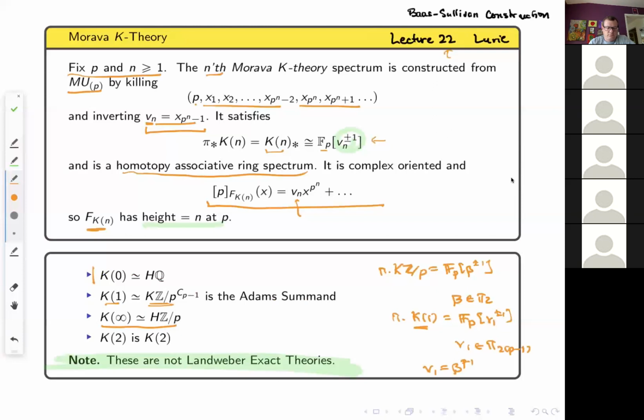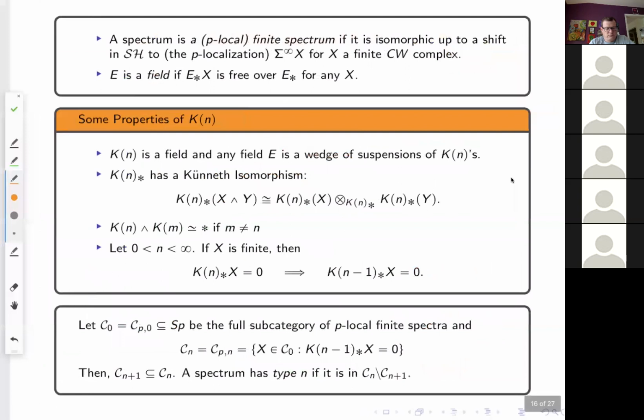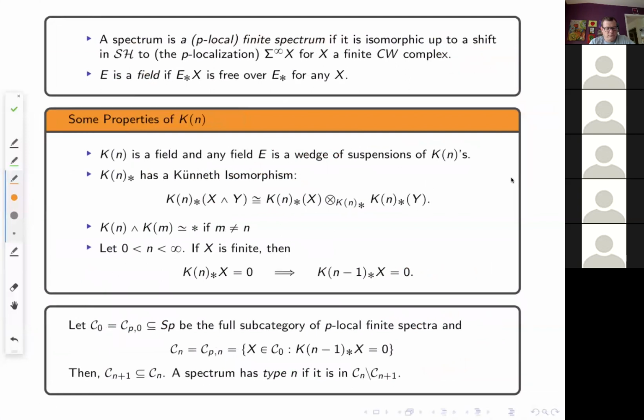So these are the Morava K-theories, and they satisfy a lot of nice properties, which come basically from, look at the coefficients here. The coefficients are a graded field. Okay, so that's nice. We know that working over fields makes life easier, and it's true in homotopy theory also, okay?